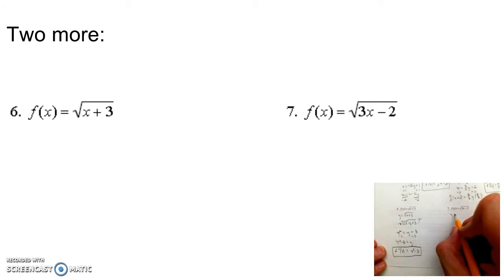Similarly, with a bit more challenging one.